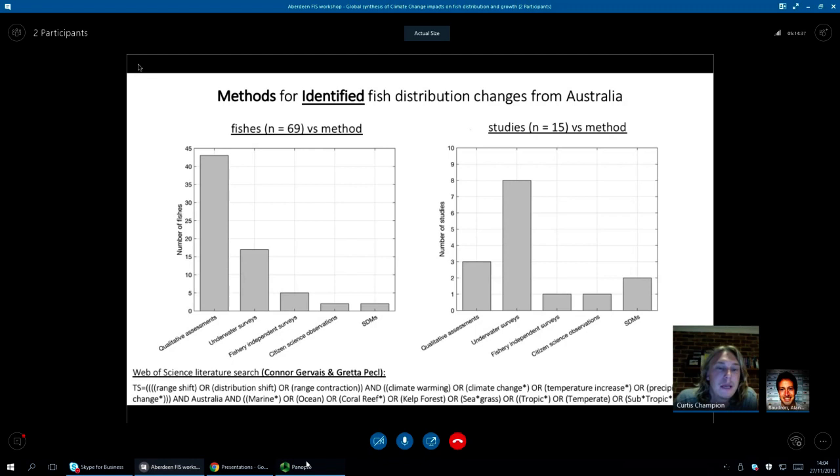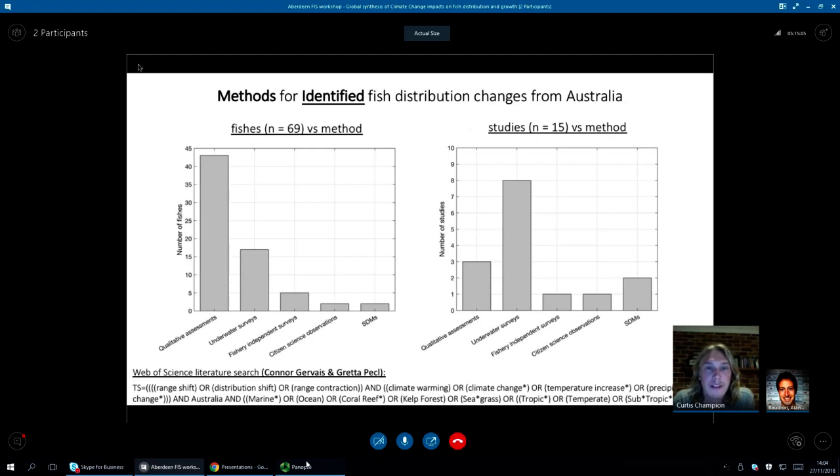And we step down to see underwater surveys coming in second, moving along to fishery independent surveys that are essentially recruitment surveys and citizen science, and then down the bottom some species distribution models. And then if we look at the studies, out of those 15 studies, we see that underwater surveys typically dominate, and then the other methods are around 1 to 3 studies.